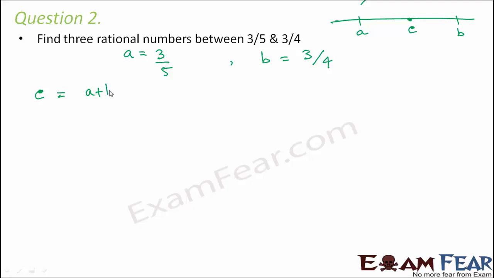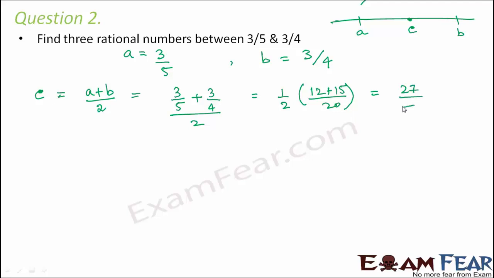So C would be equal to (A plus B) divided by 2, which is equal to (3 by 5 plus 3 by 4) divided by 2, which is equal to 1 by 2 into (12 plus 15) divided by 20, which is equal to 27 by 40.